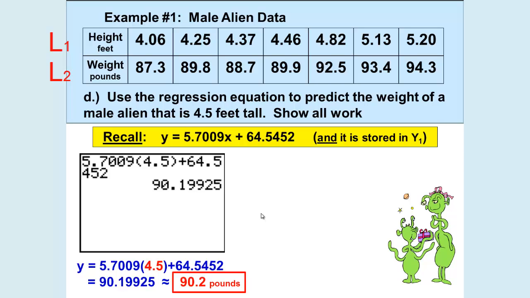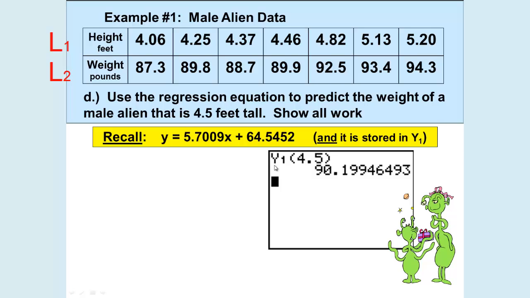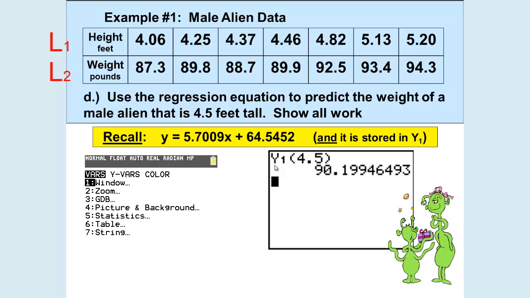Now, this completes one method of using the regression equation to make predictions. Since it is stored in the equation y1, we can use a shortcut method. This is how we would type it in on the calculator. We would go to the vars, over to y variables, and then choose function, and then y1, and then put parentheses and type in a number.